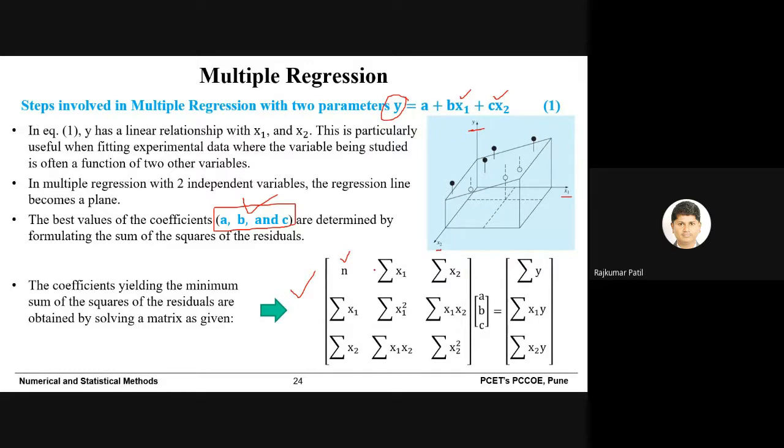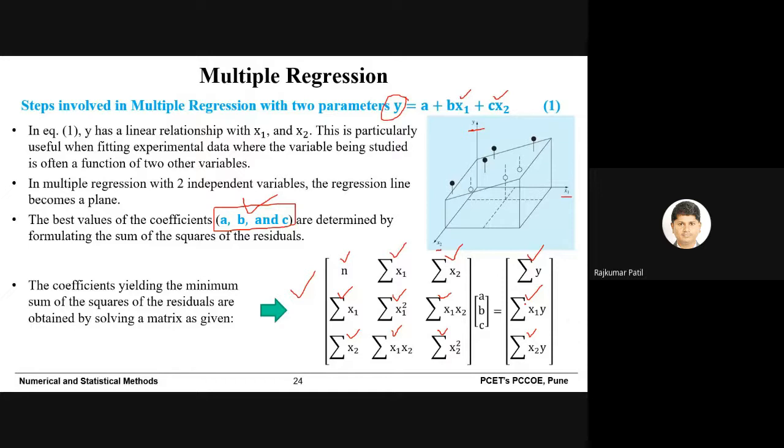N means total number of data points, summation of x1, summation of x2, summation of x1 square, summation of product of x1 and x2, then summation of x2 square, summation of y, summation of x1y, summation of x2y. So you need to prepare a table.